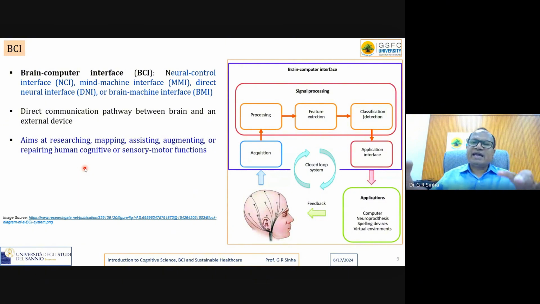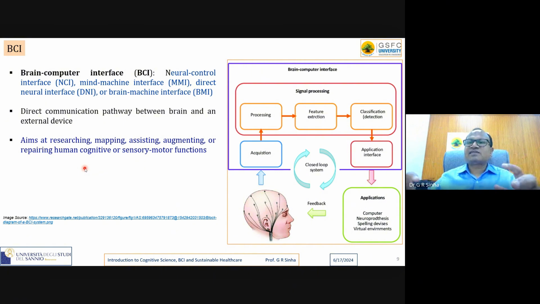If I'm moving my hand, blinking my eyes, speaking with the help of my tongue and mouth, listening to something with the help of ears, I hope you are very well aware that until and unless our brain permits, I will not move my hands. So, what is the motor task?